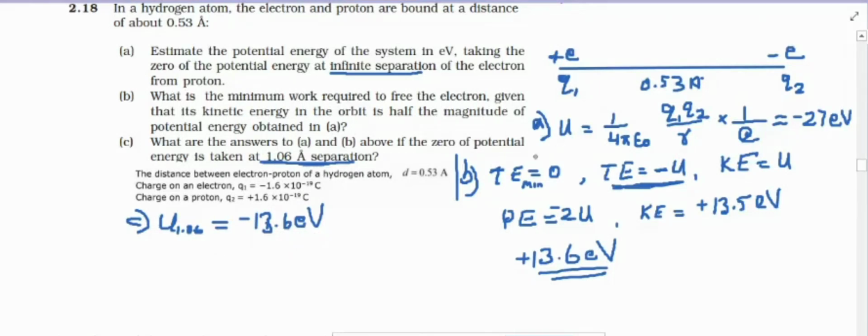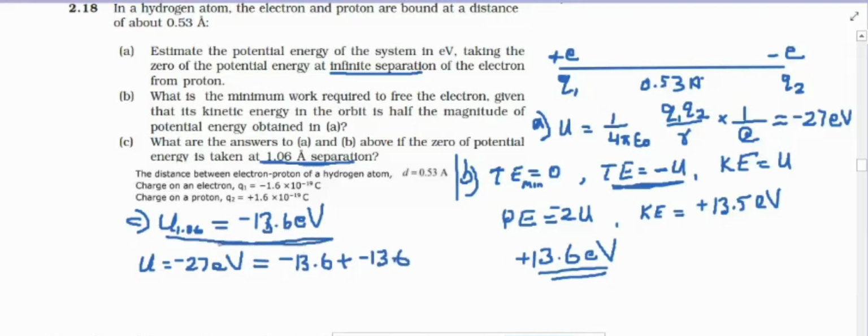So see the potential energy in the first condition. U is equal to minus 27 electron volt, you got. Now minus 27 electron volt we can write as minus 13.6 plus minus 13.6. Now potential energy at 1.06 angstrom being 0 means this minus 13.6 becomes 0.